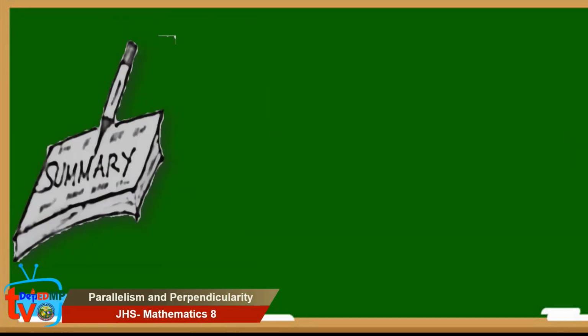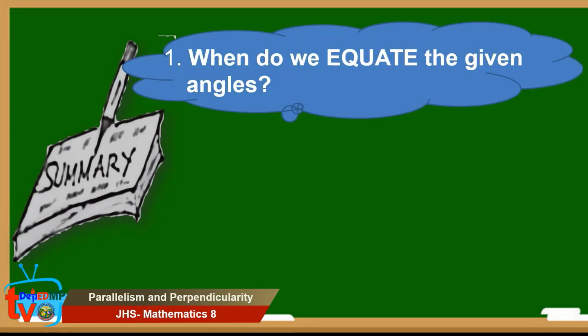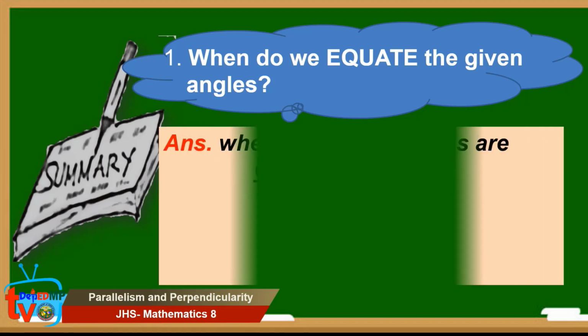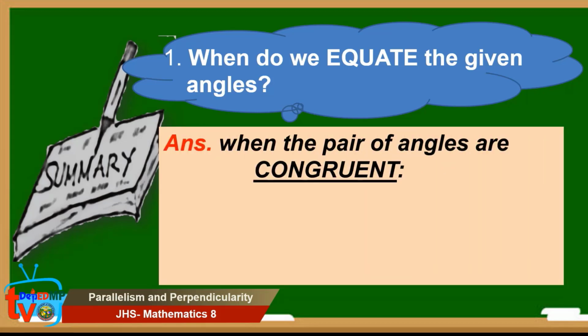Okay, so before we pack up and close this topic, let's summarize our lesson by answering these questions. Let's do it together. When do we equate the given angles? Okay, so we can only equate the given angles when the pair of angles are congruent. What are the pairs of angles that are congruent?